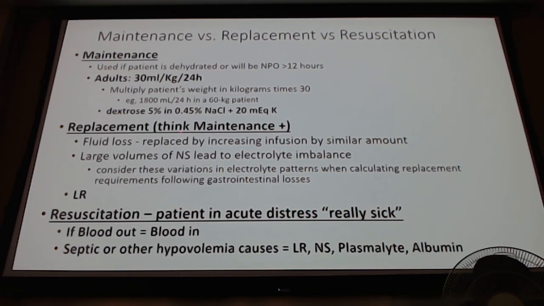So I know I say maintenance plus, that means the rate of maintenance plus whatever they lost. It doesn't mean that we're actually going to change the fluid, unless one day they start putting out a lot from their NG or they're having massive amounts of diarrhea.